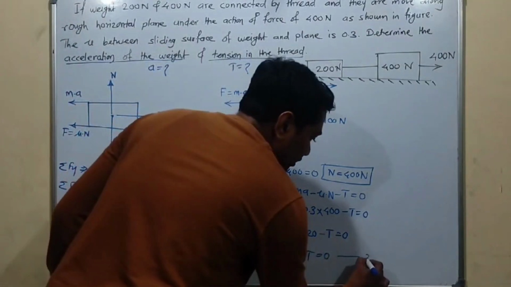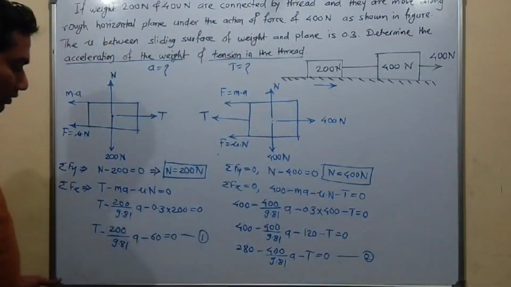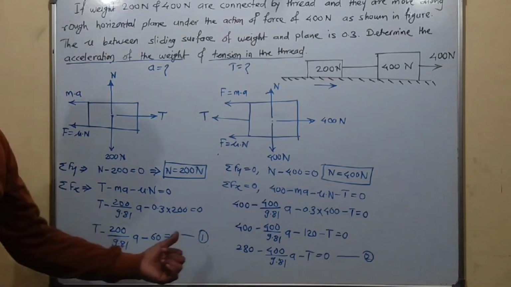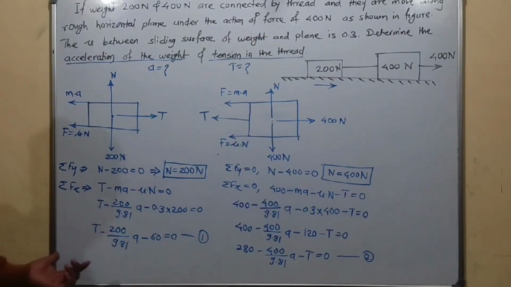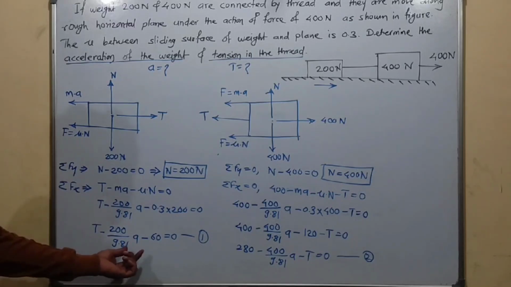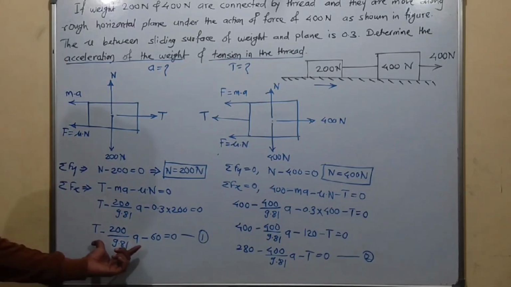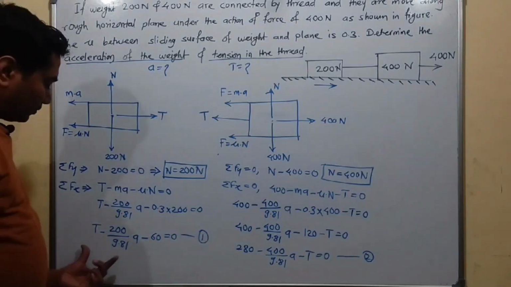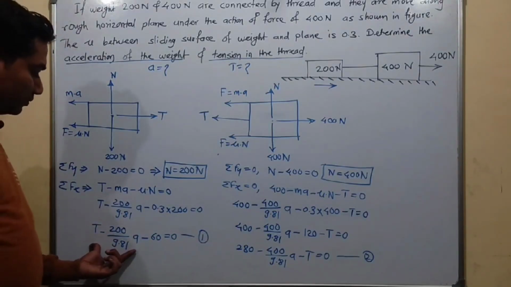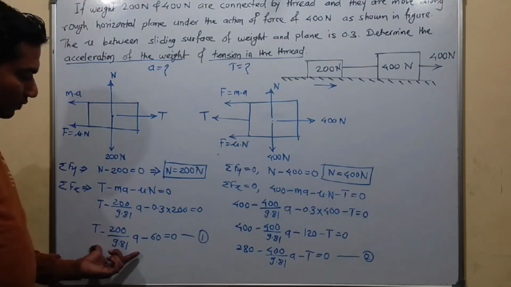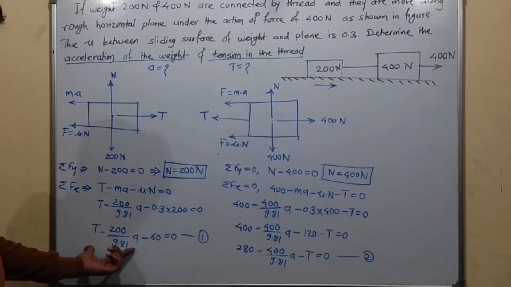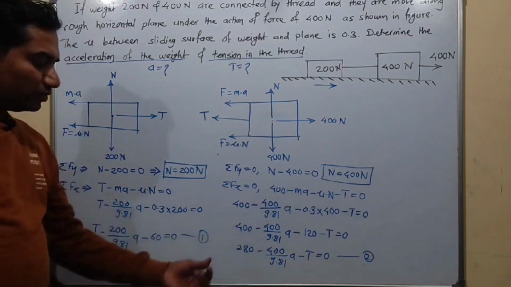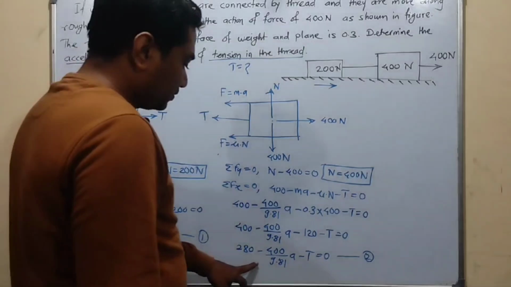So we will make this equation number 2. By solving these two equations on calculator, we will get the value of T and A. First we will rearrange the equation, then we will solve on the calculator, or you can solve on the paper also. So first rearrange this equation. So this equation we will keep as it is, and second equation we will rearrange like this.